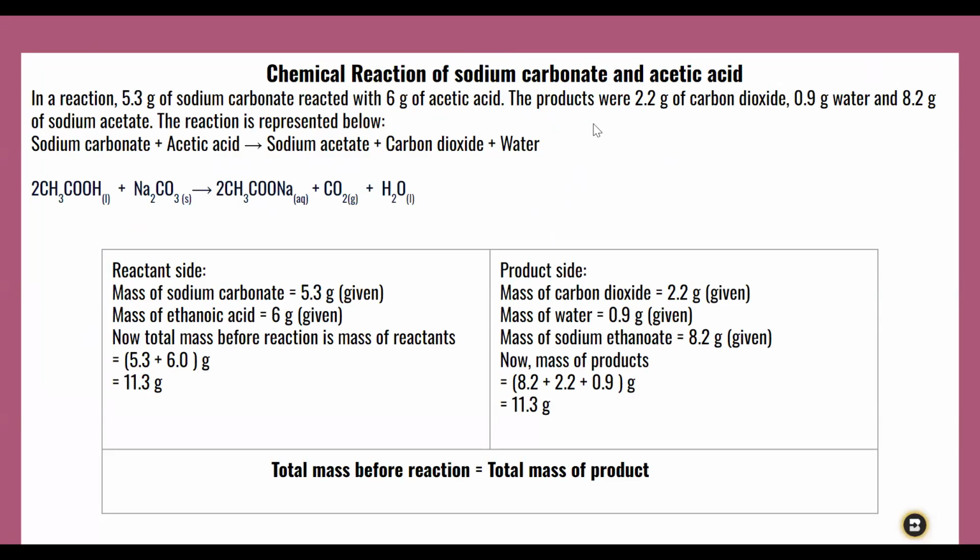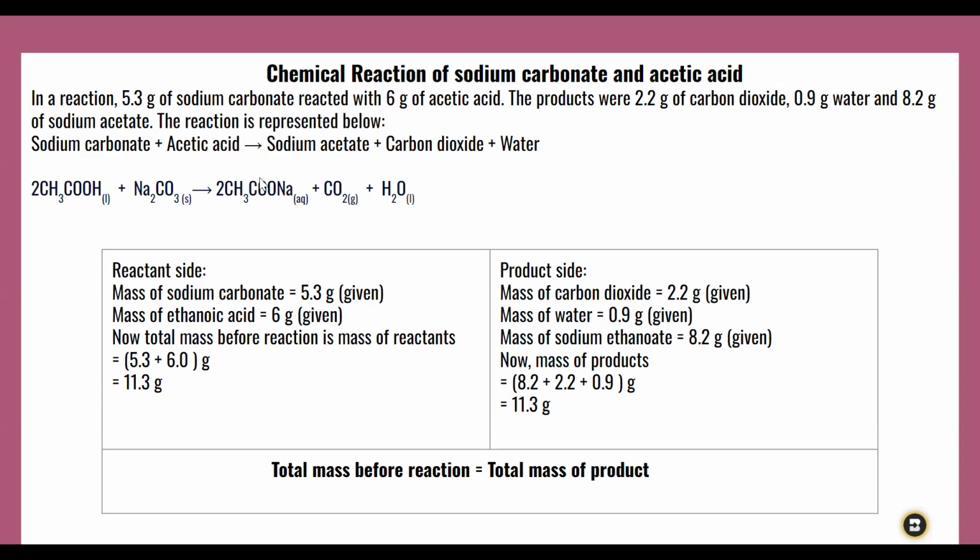You are given a reaction. In a reaction, 5.3 grams of sodium carbonate, which is this, reacted with 6 grams of acetic acid, which is this. The products were 2.2 grams of carbon dioxide, which is this, 0.9 grams of water, which is this, and 8.2 grams of sodium acetate.